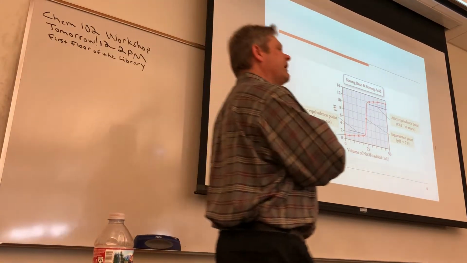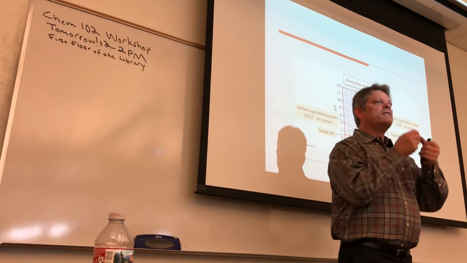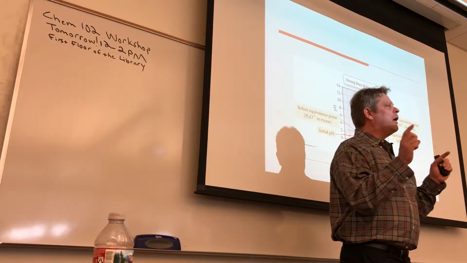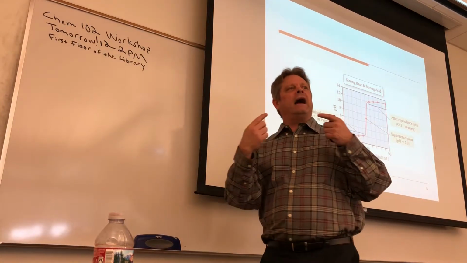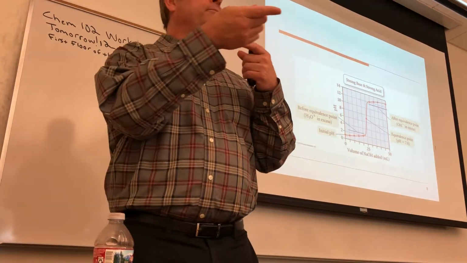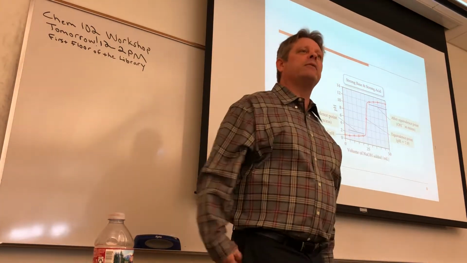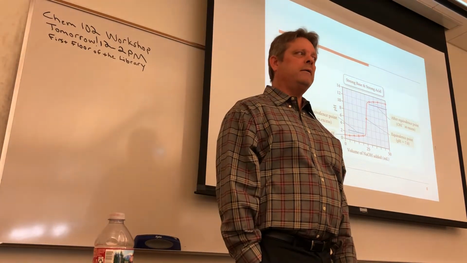So here is a titration curve for that process we just talked about, a strong acid and a strong base. If you notice, I started with a strong acid, and I titrated the base in, which is exactly what you did with the phenolphthalein, okay?